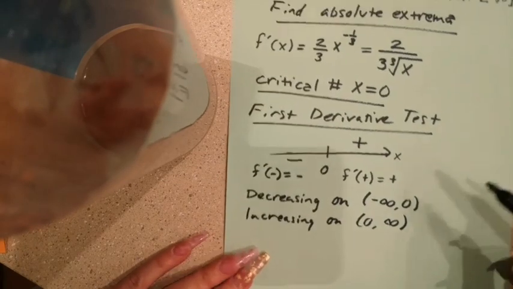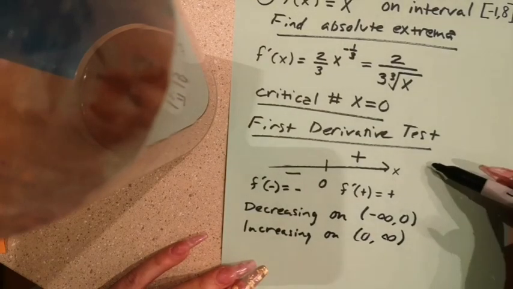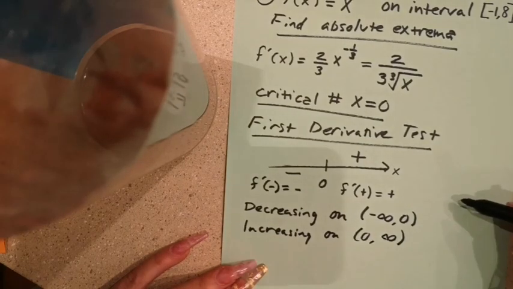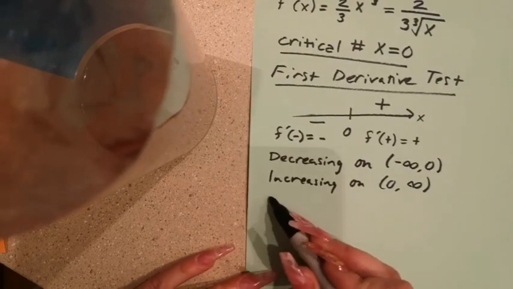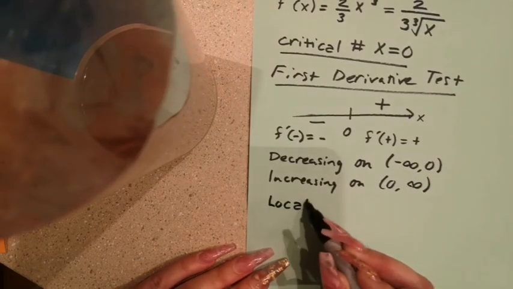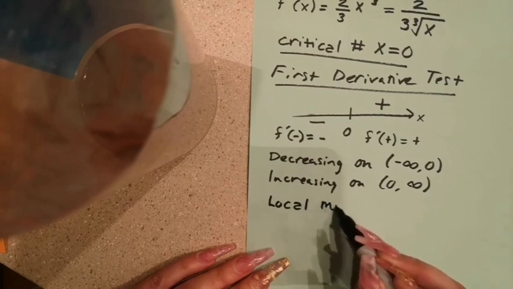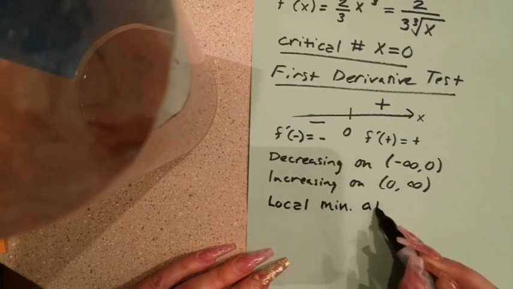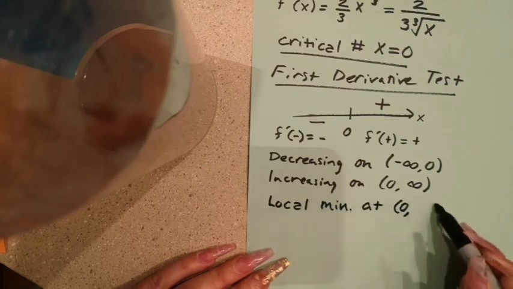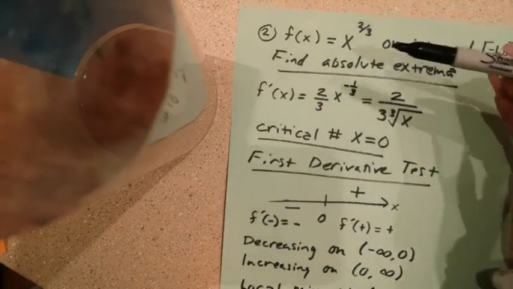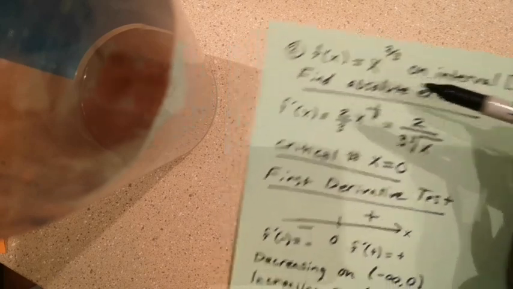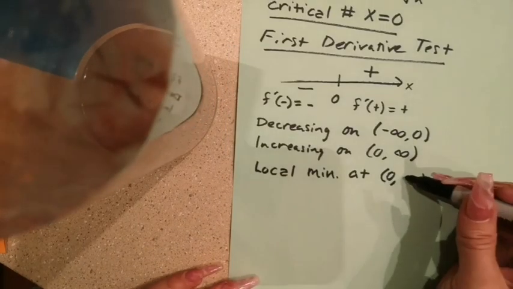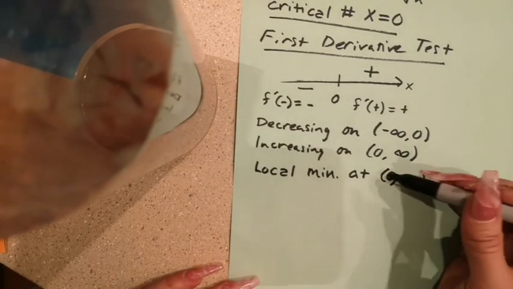If it's decreasing and then increasing, then at 0 I must have a local min. At 0, well, this one's easy. If I plug 0 into the original function, I just get 0. So I know I have a local min at (0, 0).